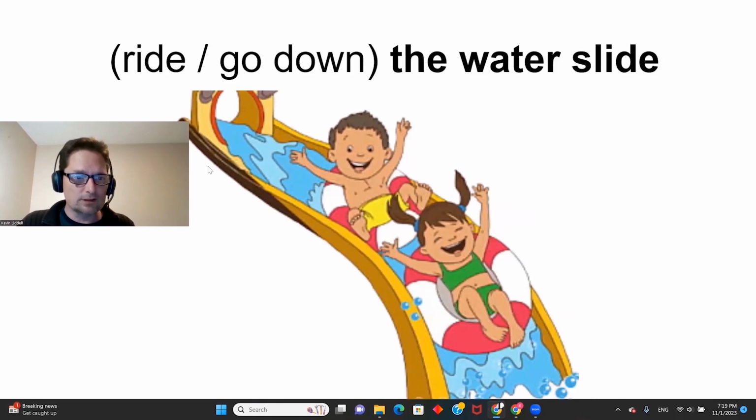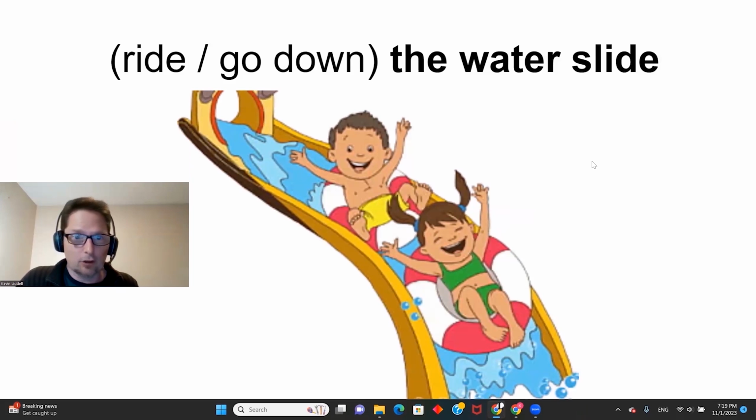And this is a water slide. The same action. Go down the water slide, or I can use the verb ride. Ride the water slide. So in the continuous form, the kids are riding the water slide, or I can say the kids are going down the water slide. Let's practice with both.